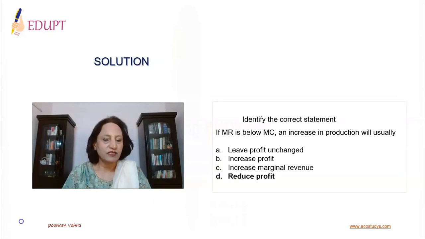Now check your answer. The correct answer is option D. That is, if marginal revenue is below marginal cost, an increase in production will usually reduce profit.